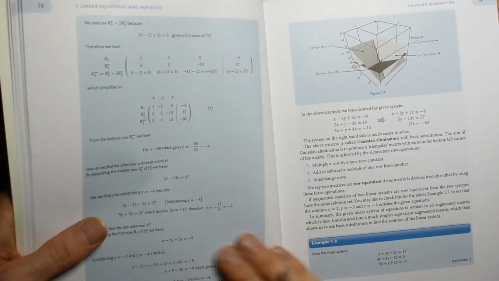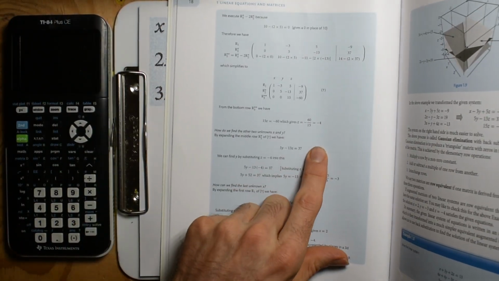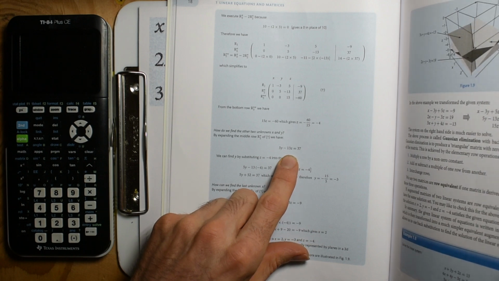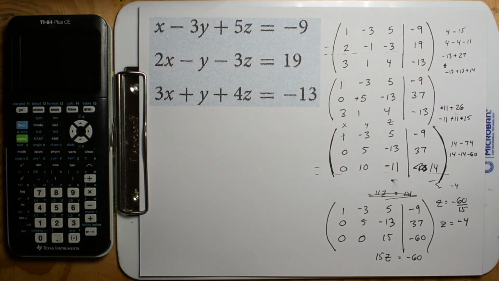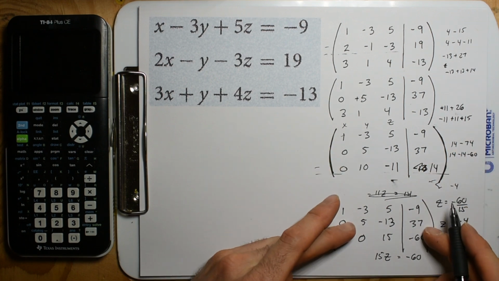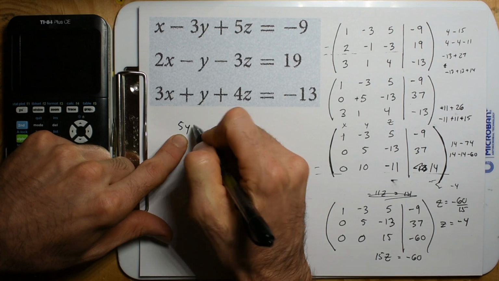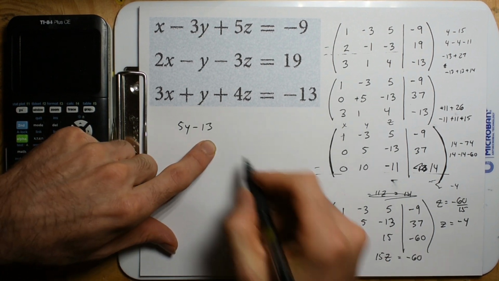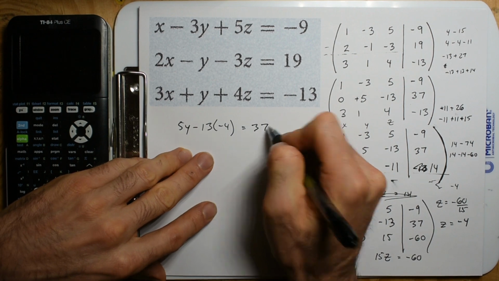And just quickly to see what they do next: once they get negative 4, they go back to any of the other equations. They go back to this one and say 5y minus 13z, but now we have that negative 4, is equal to 37.